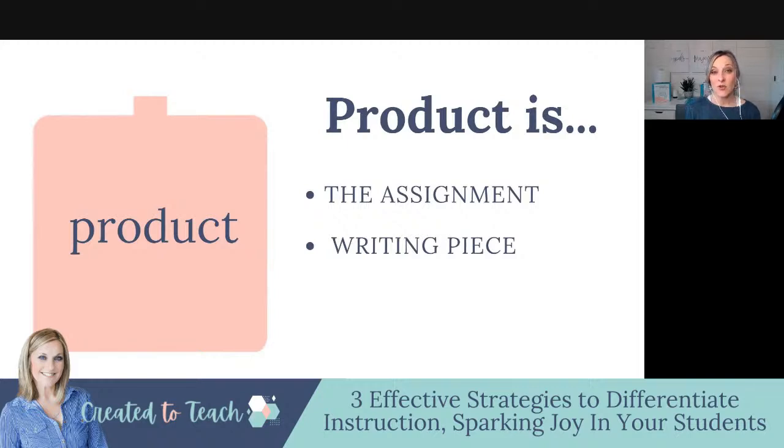The process of how they developed their ideas for their persuasive paper was per their level, per their style. And then the product, then the end result, that is what you expected from them. In this case, the writing piece will then be able to be produced based off of the process they were given and allowed to get there.